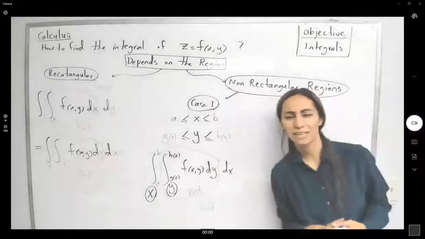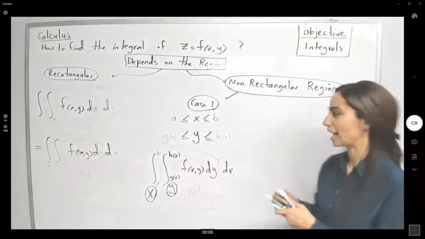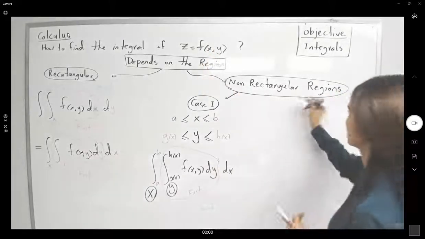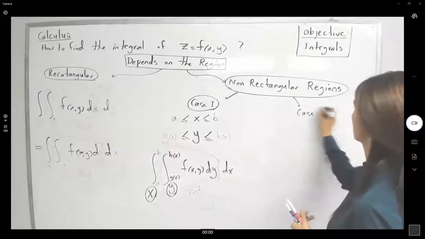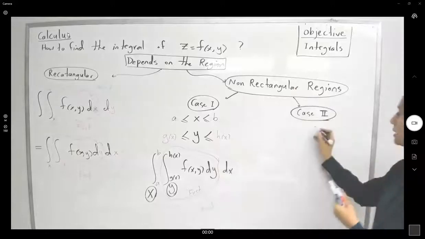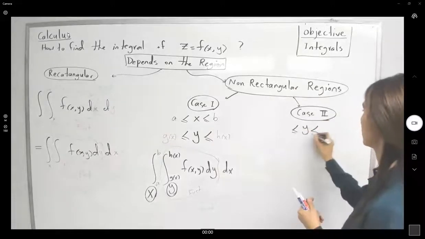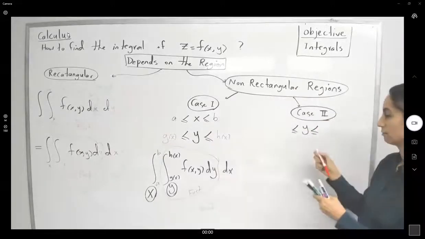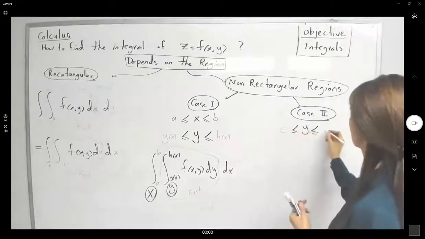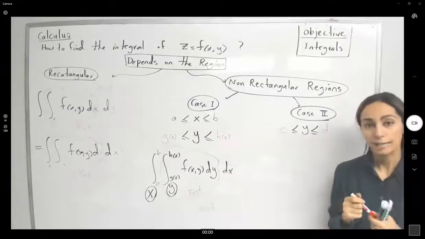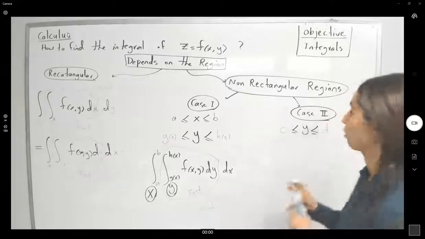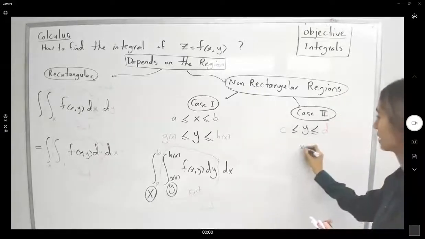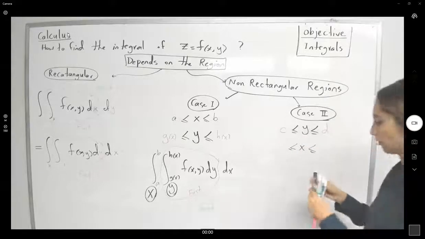But if your y is fixed, your y goes outside. Second case. Your y is bounded between c and d. And your x is bounded between two functions related to y. x is bounded between two functions.